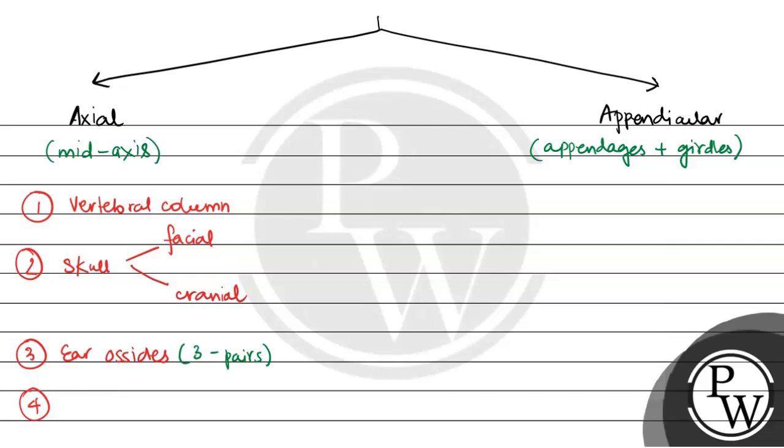Fourth is ribs. There are total 12 pairs of ribs, and ventrally they are connected to the sternum, and dorsally they are connected to the vertebral column.